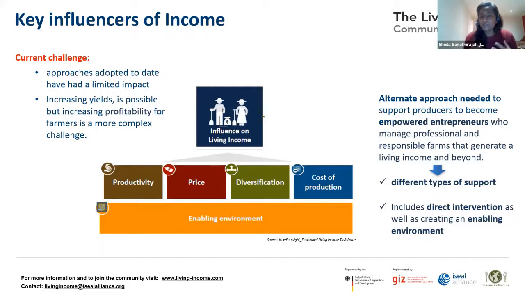Ultimately, we want to ensure that any system we put in place supports the producer in making his own decisions on his farm. That requires different types of support. It requires not just direct interventions, but also an enabling environment that promotes the uptake of these kinds of practices.